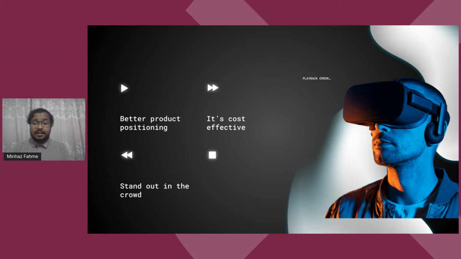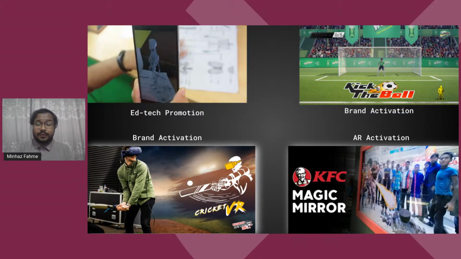In Bangladesh too, and in many other countries, we have done these things in brand positioning with different platforms, like edtech promotion, and brand activation for different FMCG products like juices, energy drinks, and different drinks. We did work for KFC too, making an AR experience with the dragons when it was very popular, thanks to Daenerys Targaryen, Daenerys Stormborn, first of her name, in Game of Thrones.